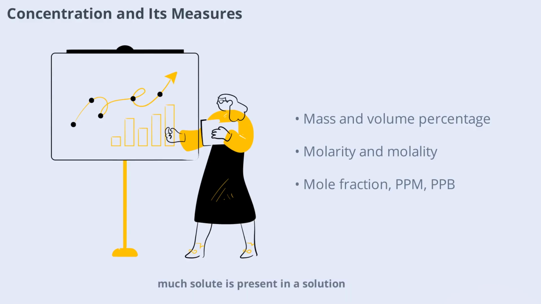Now let's talk about concentration, the measure of how much solute is present in a solution. There are several ways to express concentration, each suited for different scenarios. Mass percentage tells us the mass of solute per 100 grams of solution, while volume percentage is based on the volume of solute per 100 milliliters of solution. Other important terms include molarity, which is the number of moles of solute per liter of solution, and molality, which is moles of solute per kilogram of solvent.